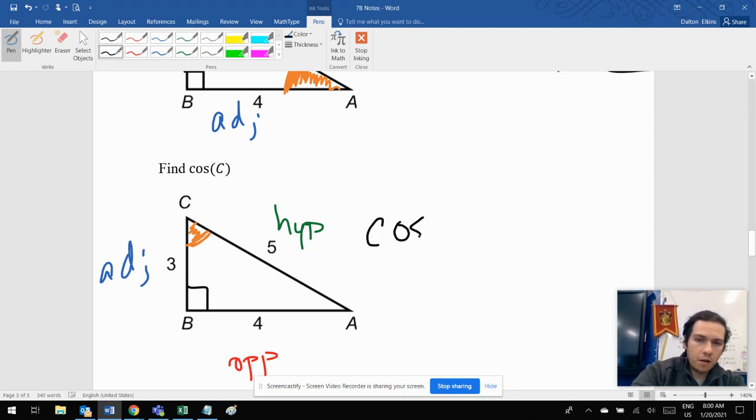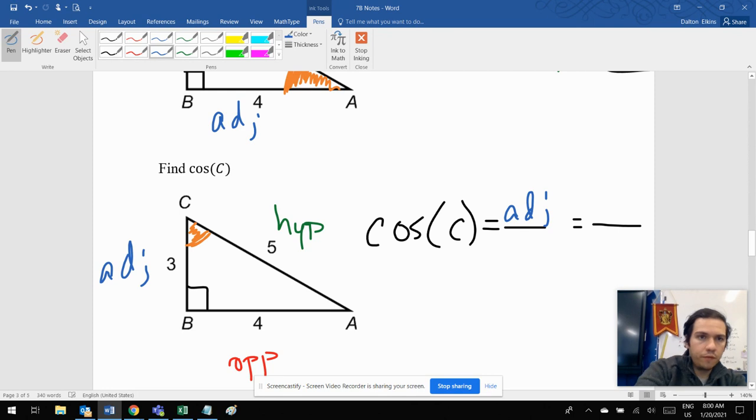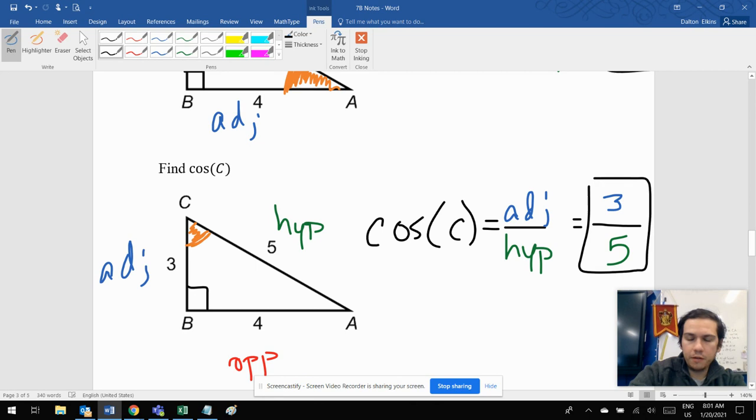So the cosine of C, again, is the adjacent side over the hypotenuse. So hypotenuse is 5. The adjacent side is 3. So the cosine of angle C is 3 over 5. And that's exactly how we do the cosine function of any given angle in the triangle.